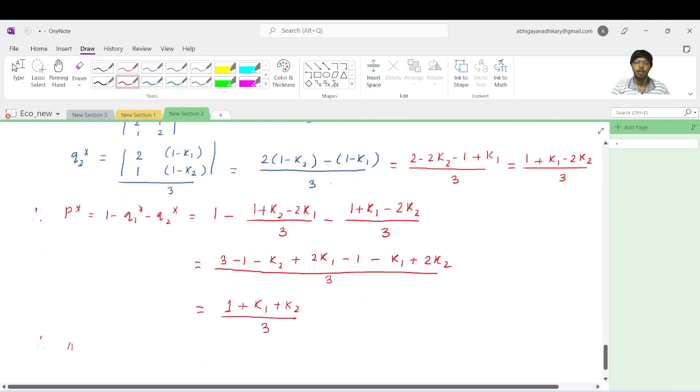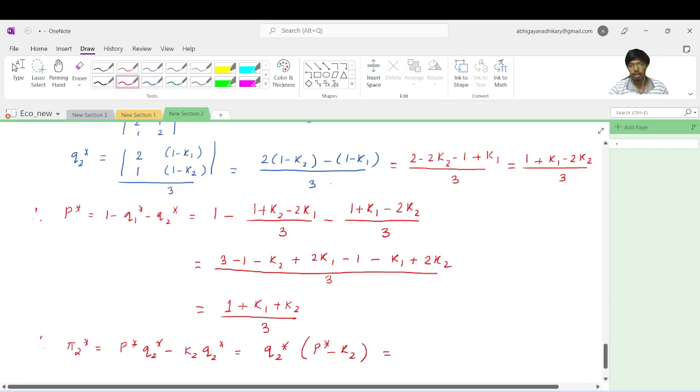Therefore now we can calculate pi2 star. It is p star q2 star minus k2 q2 star. So q2 star we can easily factor out, p star minus k2.